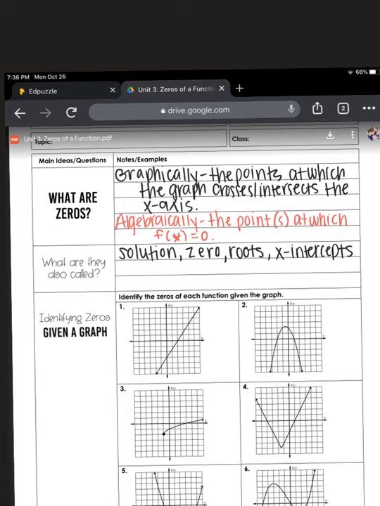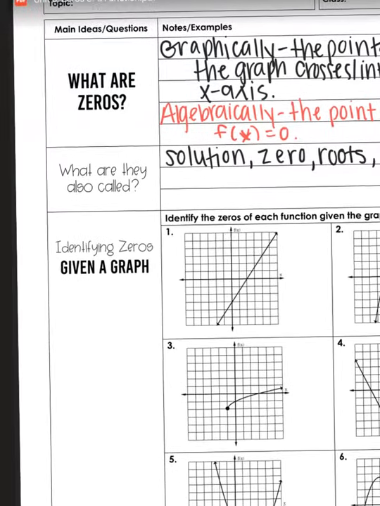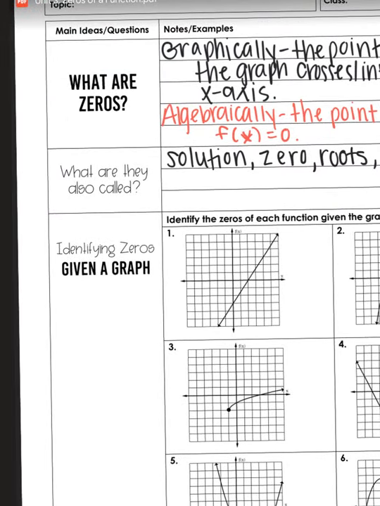So let's look at a graph, and we need to identify the zeros. So first things first is we need to figure out where the graph is crossing the x-axis. So just a refresher, our x-axis is this horizontal axis. And we need to figure out where this function, in this case, this yellow graph, is crossing the x-axis. So it is crossing right here.